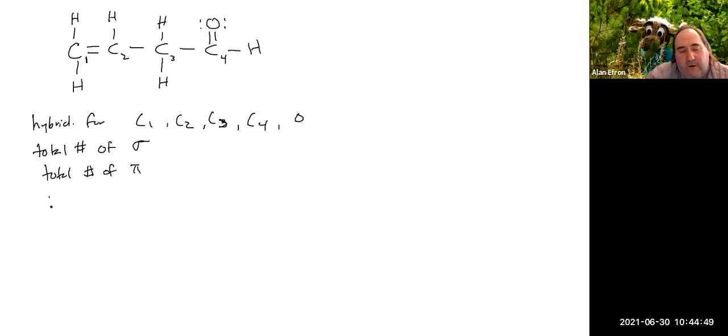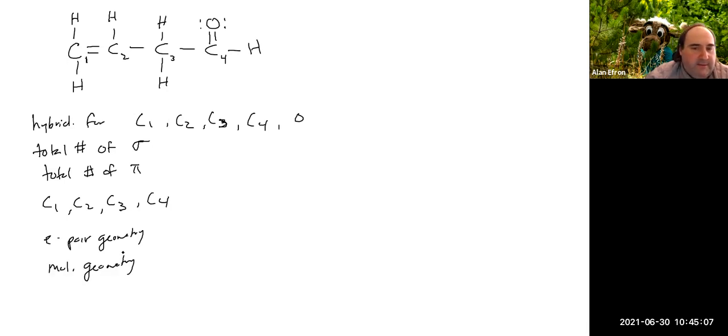Let's also do for carbon number 1, 2, 3, and 4: what is the electron pair geometry for each of them, and the molecular geometry? All right, so take a few minutes and dissect this guy. Again, you don't have to draw any of the arrows or anything like that. You actually don't even need to draw the arrows to figure all these answers out. So think about what you come up with, and we'll talk about it here in just a second.